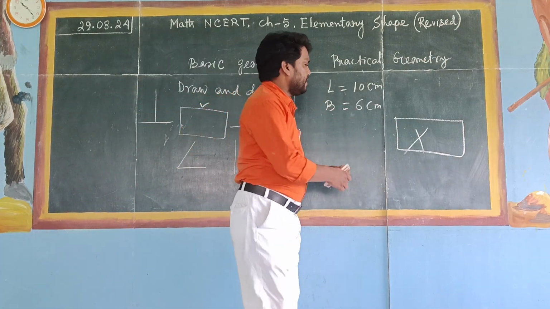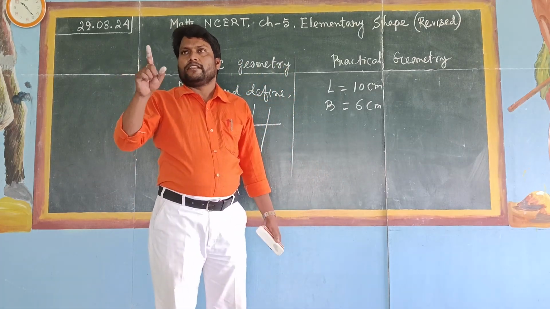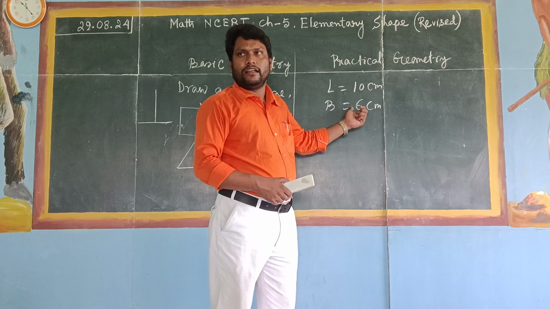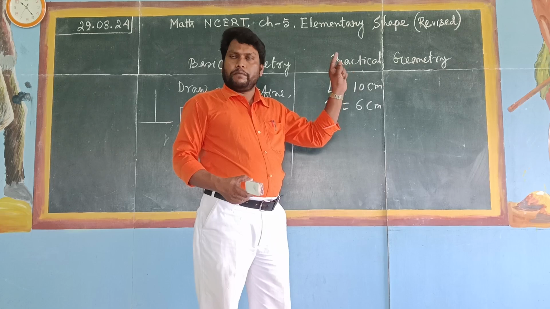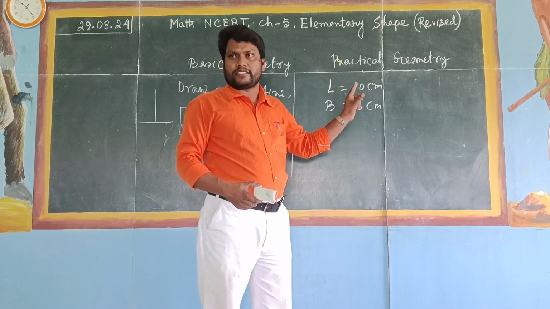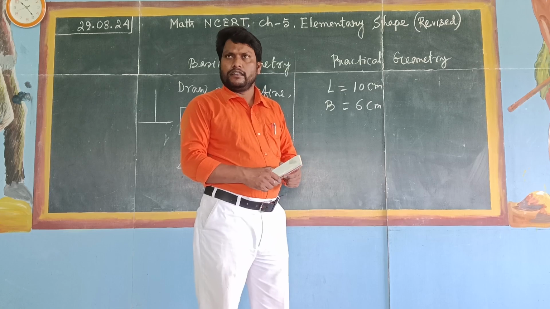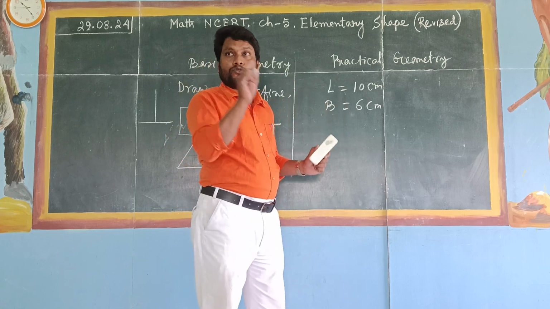But in practical geometry, you have to use the geometrical instrument to construct the rectangle. So how did you draw? You learned already in the previous classes when chapter 14 was done. Now I am showing the process freehand.